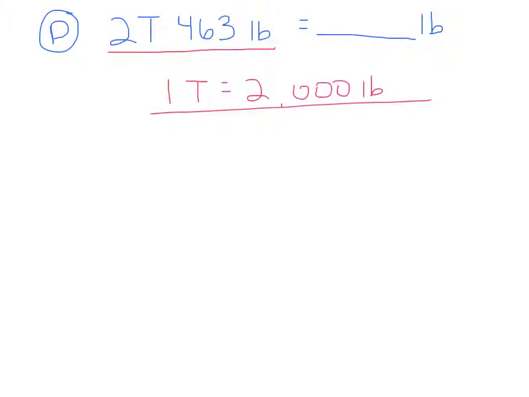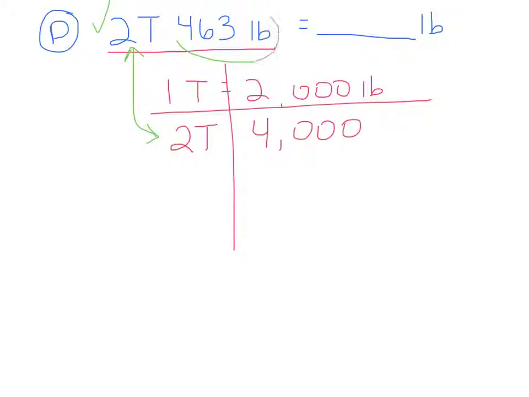So that's how I'm going to make my table. If 1 ton equals 2,000 pounds, 2 tons equals 4,000 pounds. So looking at my 2 tons here, and I've matched my 2 tons here, so I've done that part. I can stop. But I can't leave out my 463 pounds.